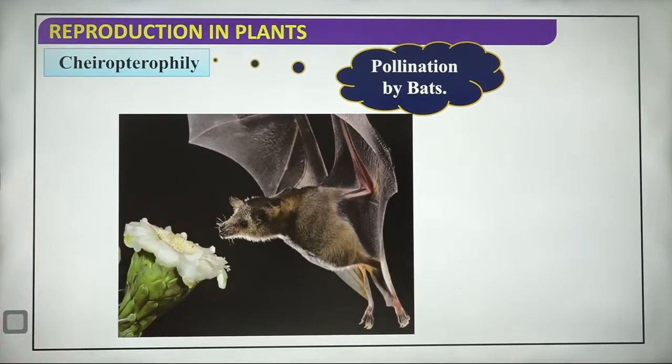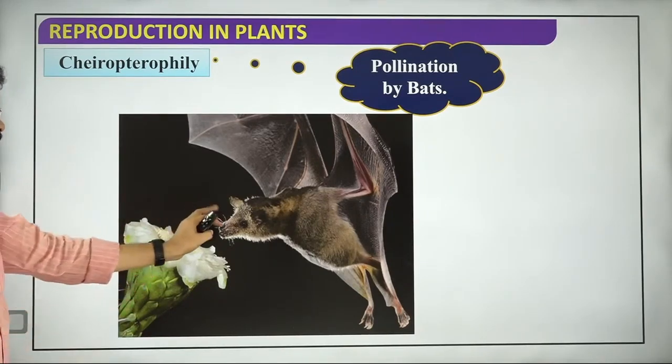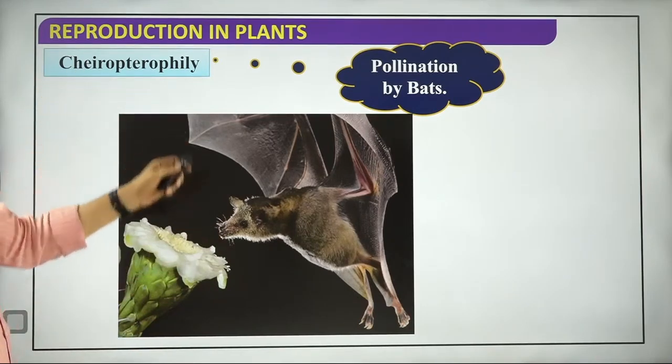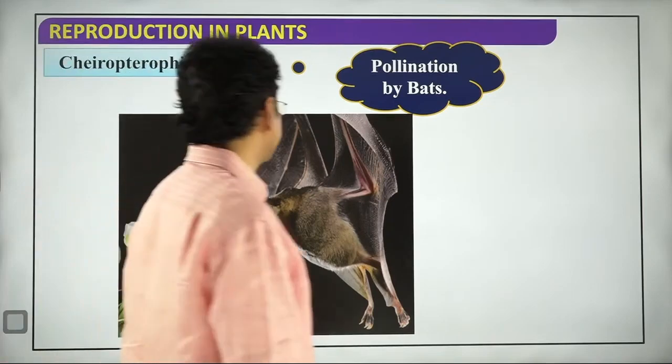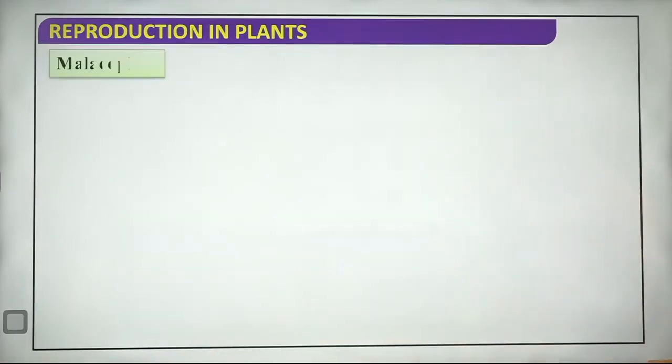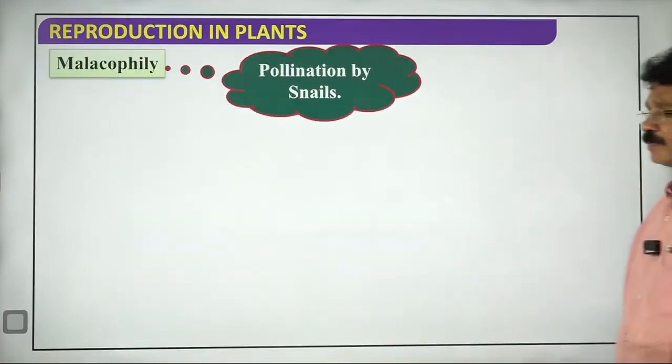Some flowers open only during night time, and in such flowers pollination is more comfortable by bats. The technical name of bats is chiroptera, so chiropterophily. The banana plant is also a very good example for chiropterophily.